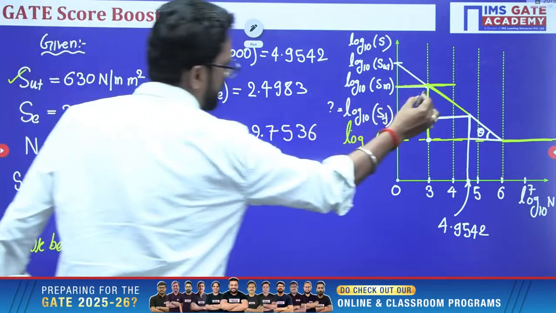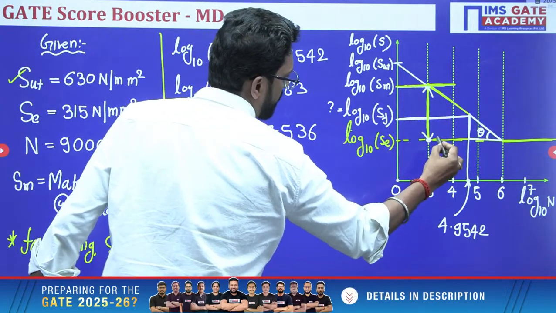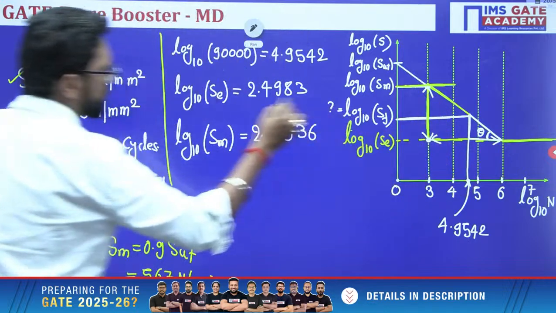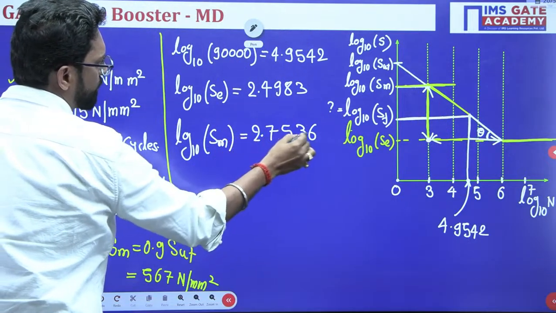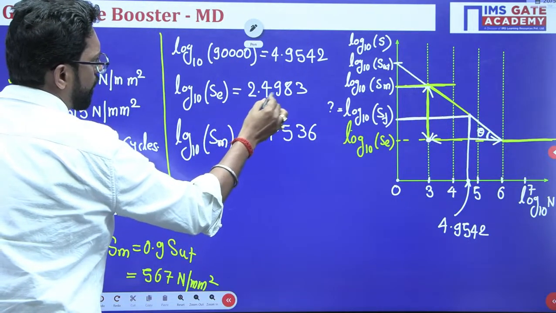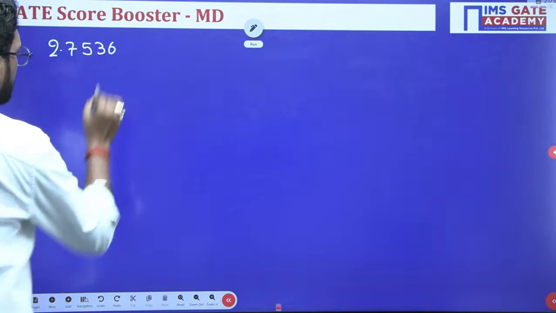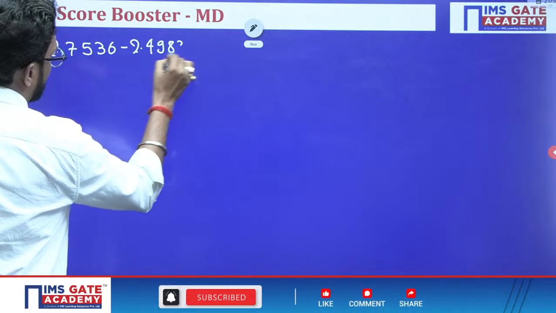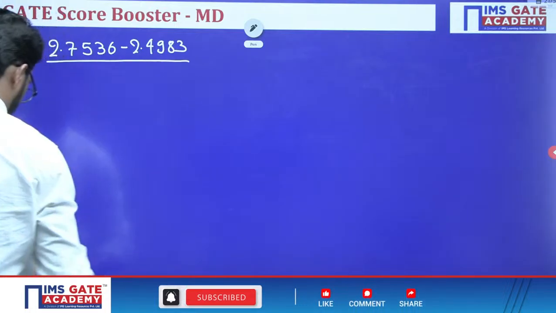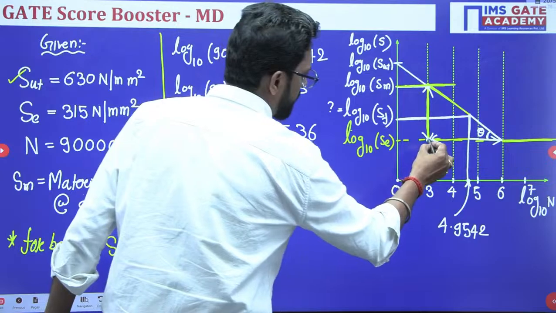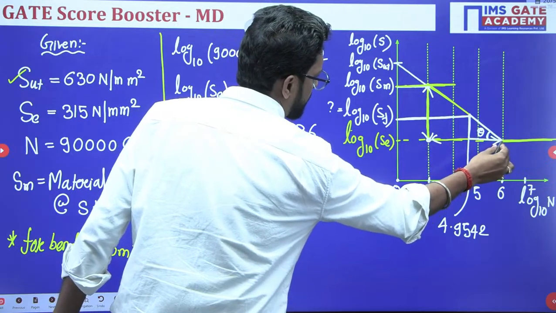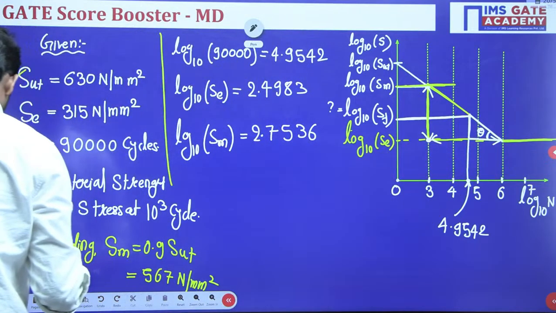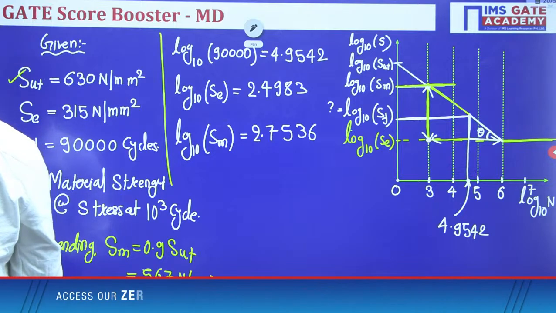That means this distance by this distance, which is 2.7536 minus 2.4983, divided by the base. Base is how much? Total is 6 minus 3.